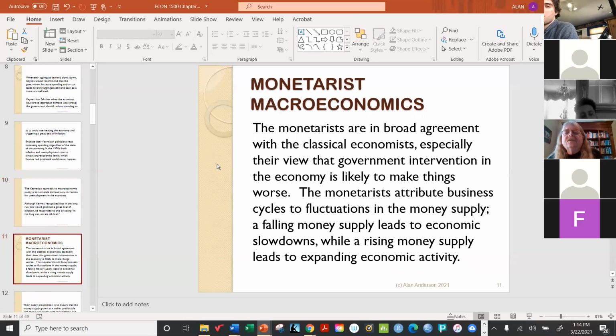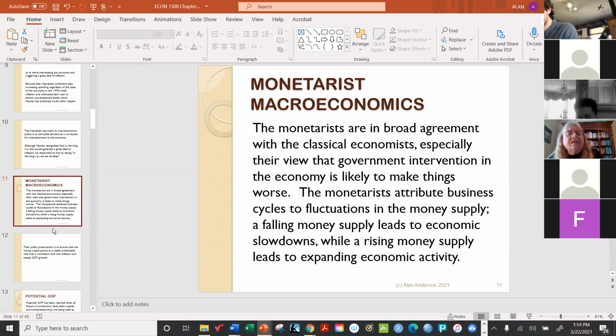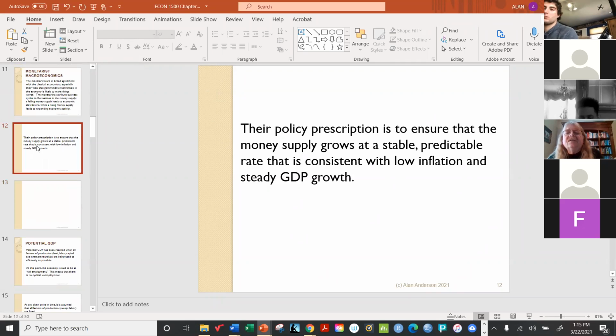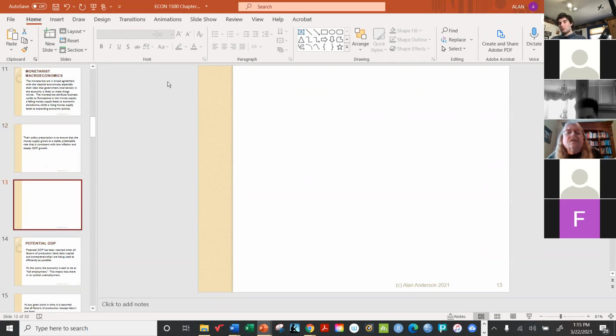Okay, so the monetarists, they would have said, this is insanity. You cannot keep stimulating aggregate demand even when the economy is strong. You're just going to create a lot of inflation. And so their prescription was to sharply increase interest rates in the early 80s to wring inflation out of the economy. Their policy prescription is to ensure that money supply grows at a stable, predictable rate that is consistent with low inflation and steady growth.